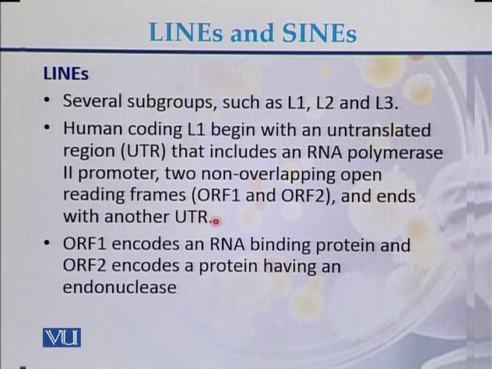So the human coding L1 consists of a UTR region, then in the middle ORF1 and ORF2, and at the end another UTR region. ORF1 encodes the RNA binding protein, while ORF2 encodes a protein having endonuclease activity.